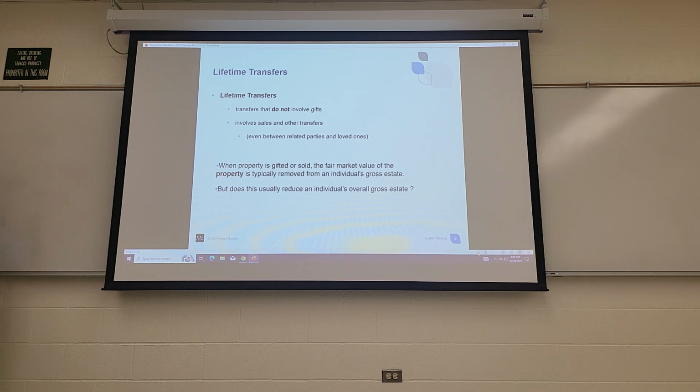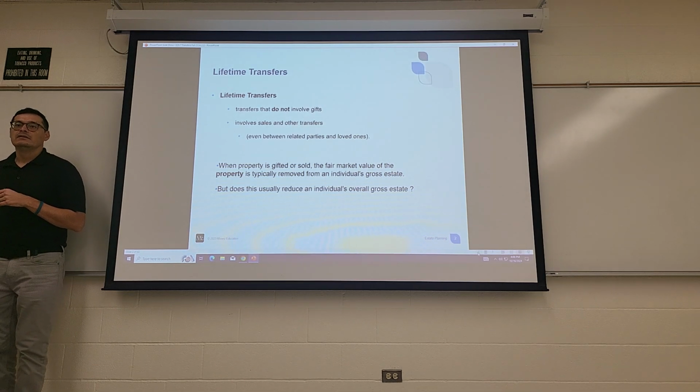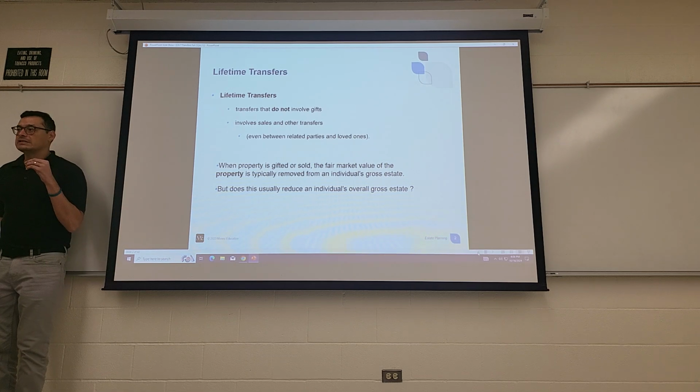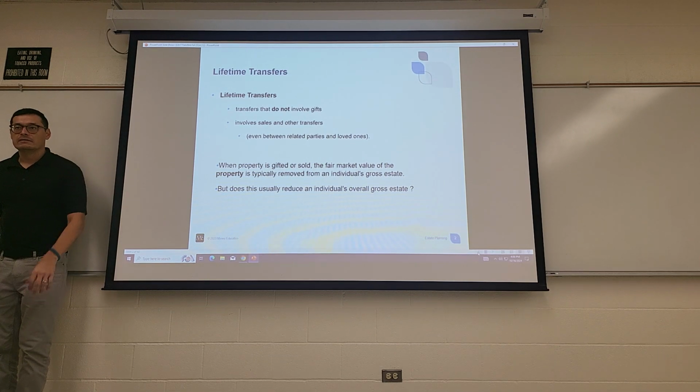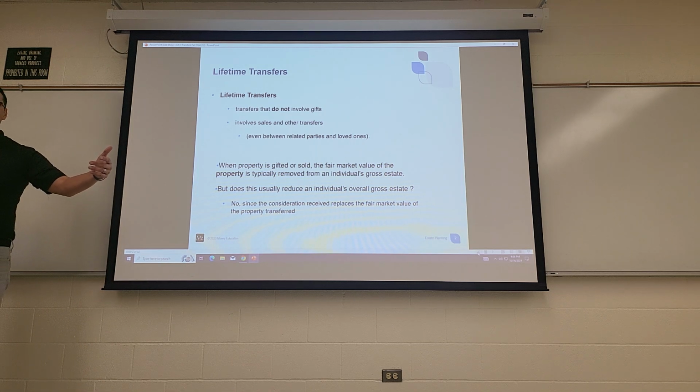I have a business worth $1 million, and it's included in my gross estate. If I sell it for $1 million, has my gross estate been reduced? No, it's the same. It's a switch in net worth, because the consideration that you received to sell that property is included in your gross estate.